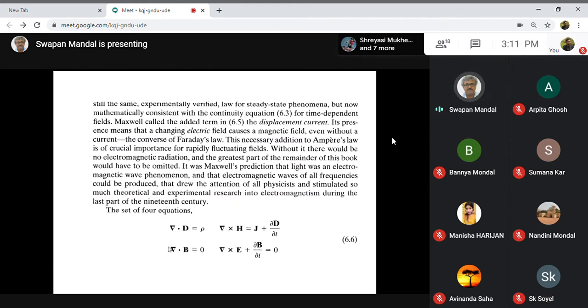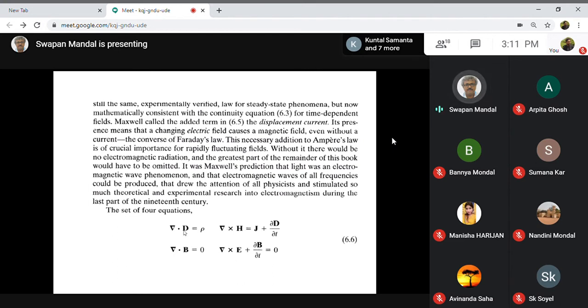This is just for our convenience. I am talking about free space, in the sense that you do not have any material medium. In other words, this equation will get modified. Divergence of D will get modified.